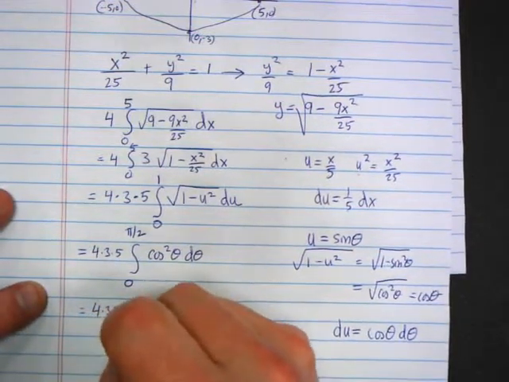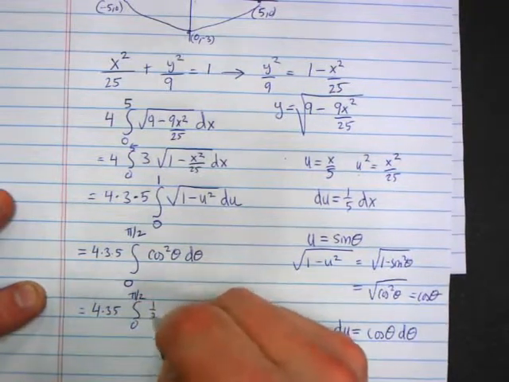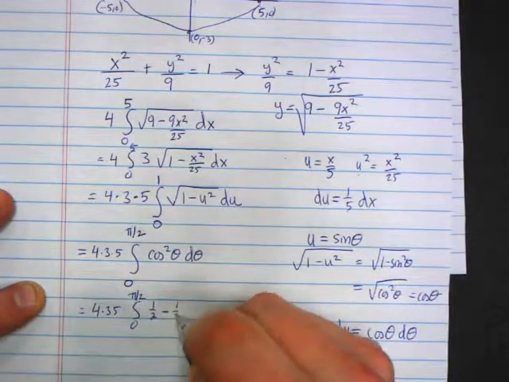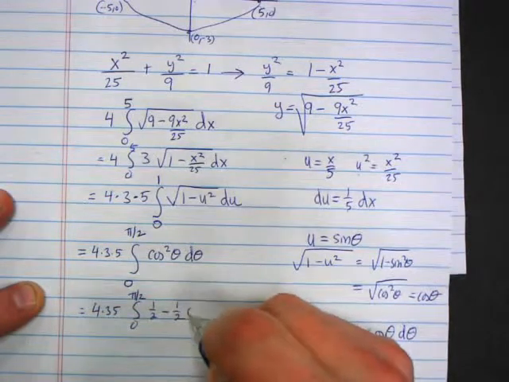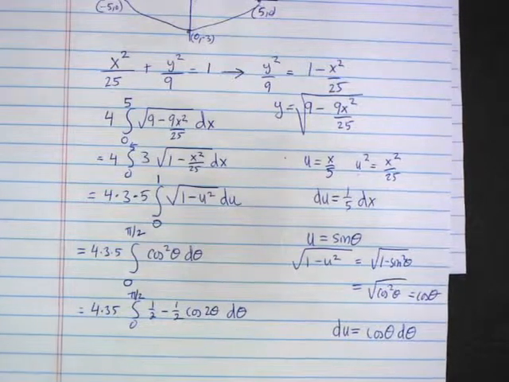4 times 3 times 5, the integral from 0 to pi over 2 of 1/2 minus 1/2 cosine of 2 theta d theta. Isn't it plus?